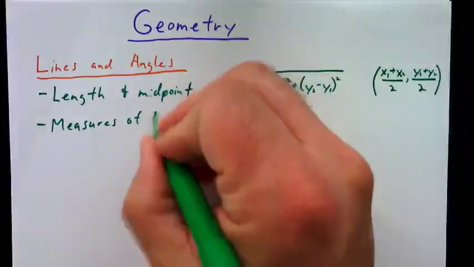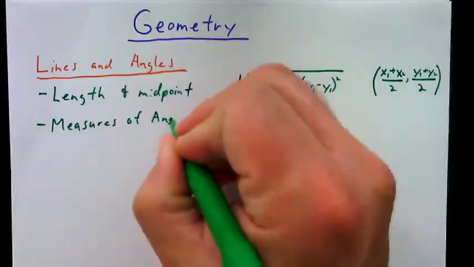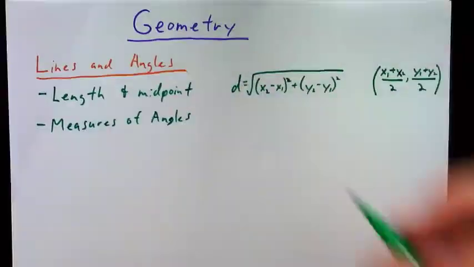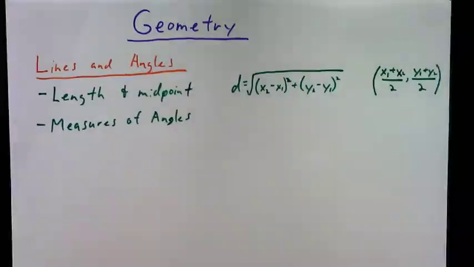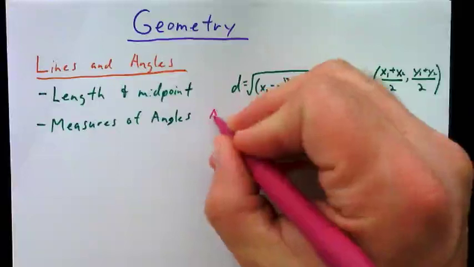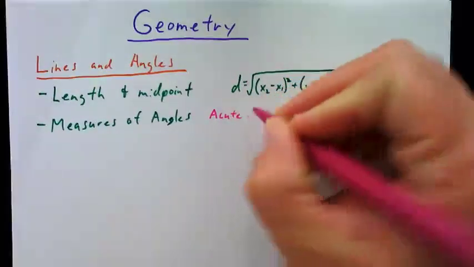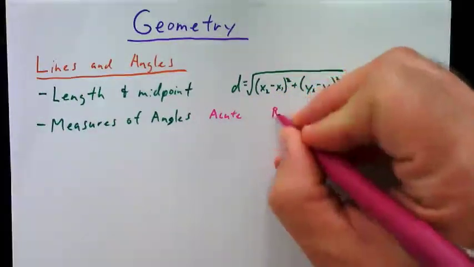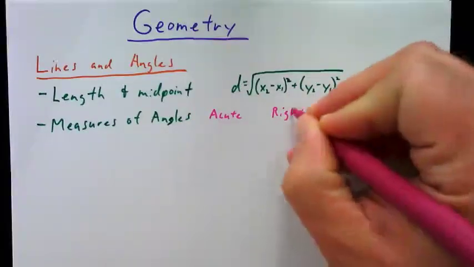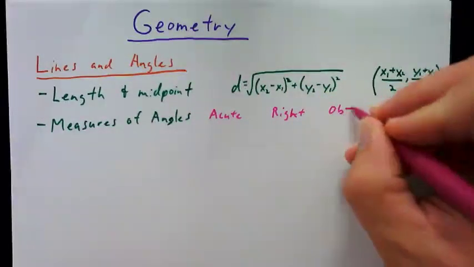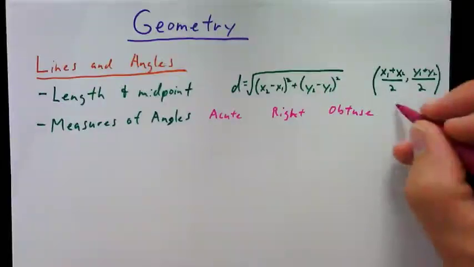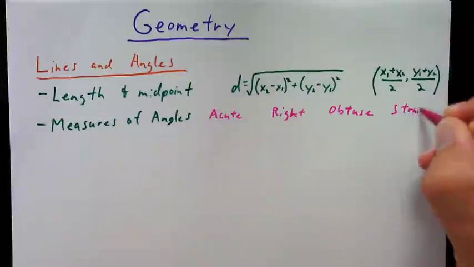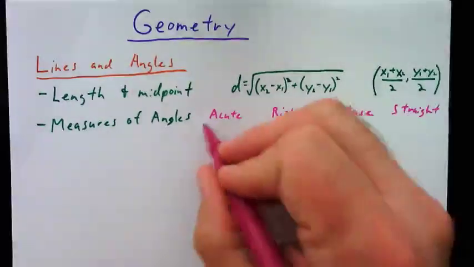Measures of angles. So there are 4 main angles that we need to talk about. Acute, right, obtuse, and straight.